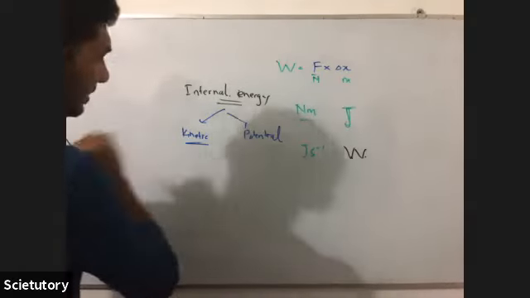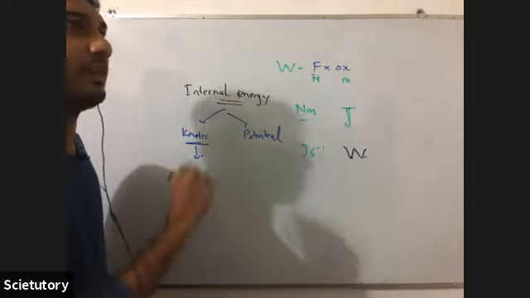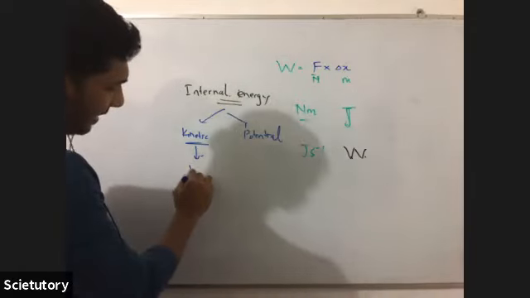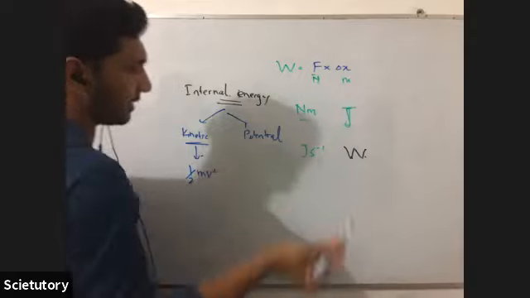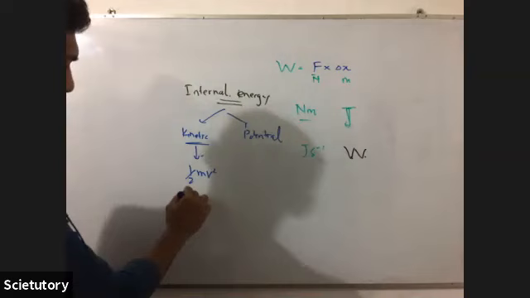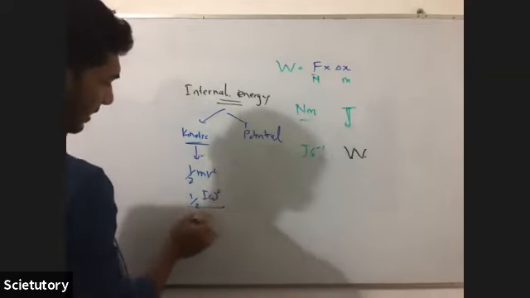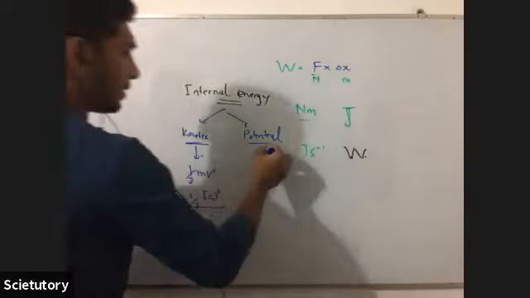Kinetic energy is due to motion. When you take a mass, it's half mv square if it is a linear motion, and if it is a rotational motion, you can express the kinetic energy that way. And what about potential energy?